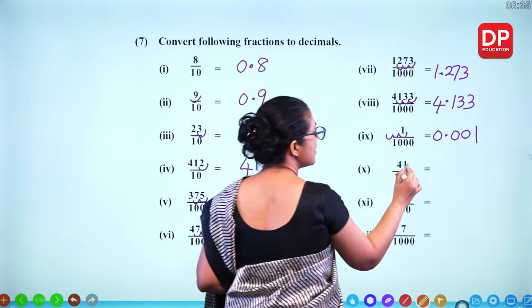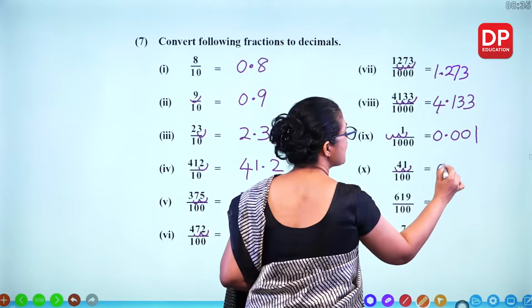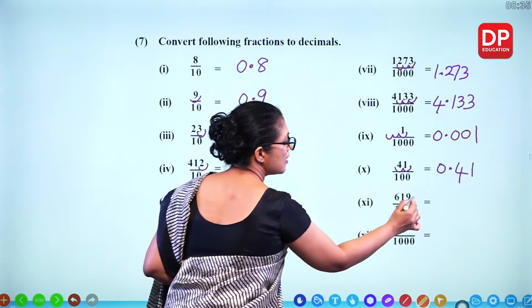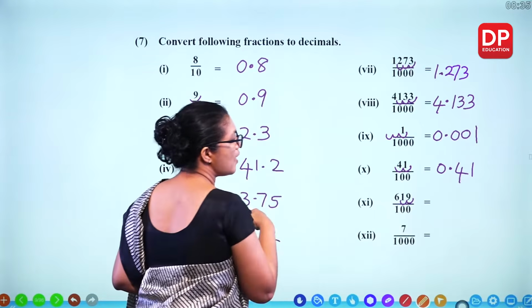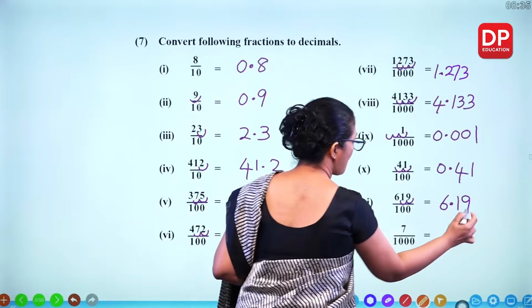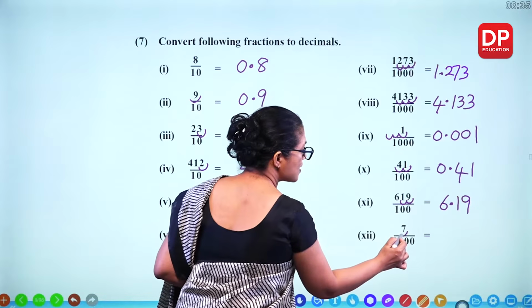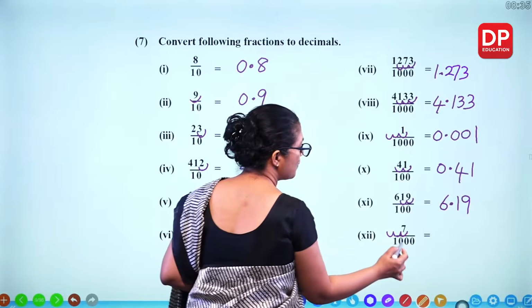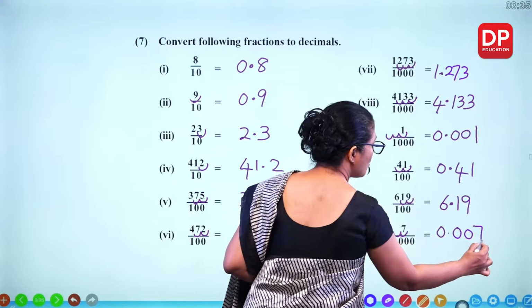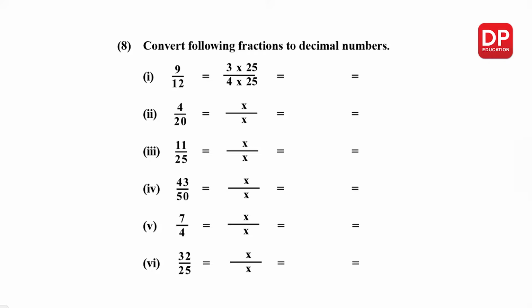Divide by 100. 2 places to the left. 0.41. Here 2 places to the left because divided by 100. 6.19. 3 places. 1, 2, 3. 0.007.